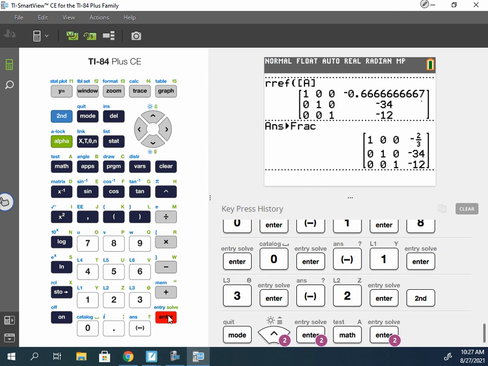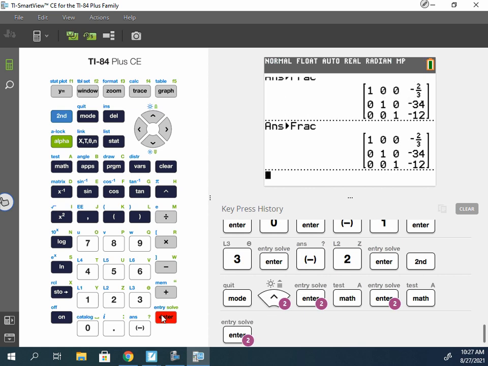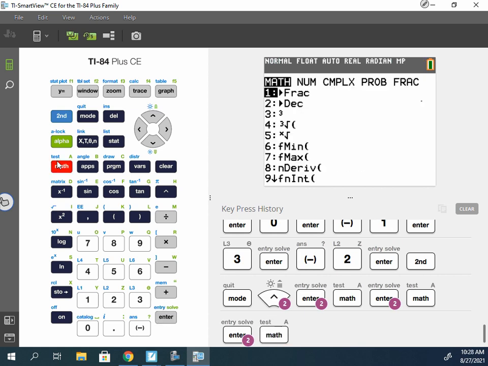Yeah, FRAC is just fraction. So it's just saying whatever the number in front of it is, arrow change it to a fraction. And it'll do that for us. It'll change it from a decimal to a fraction. I don't think. Yeah, it's just going to leave it as a fraction. You'll have to go to the next one down for decimal.